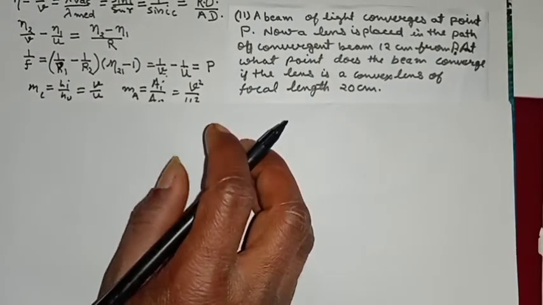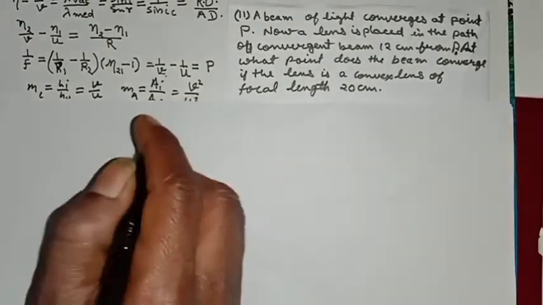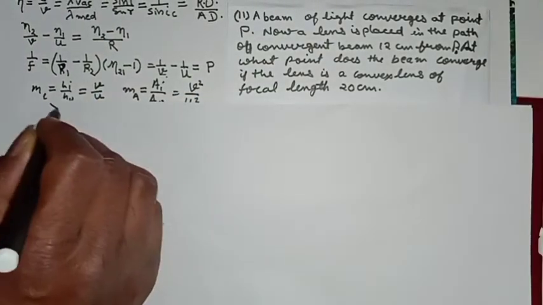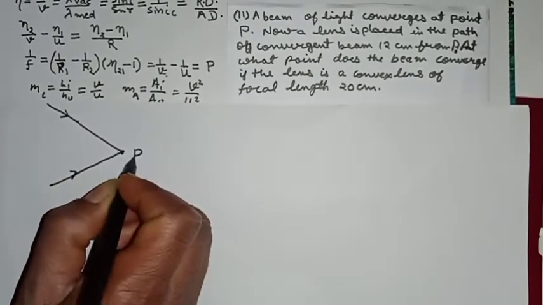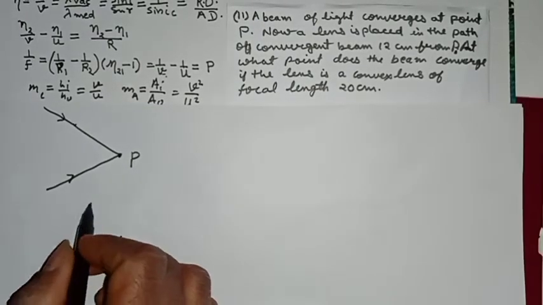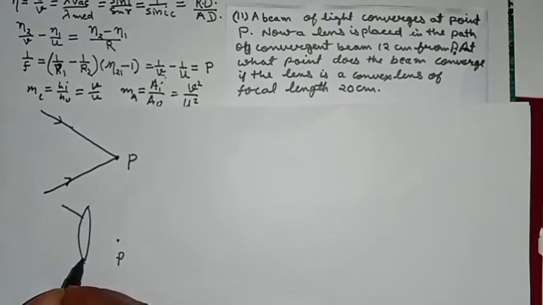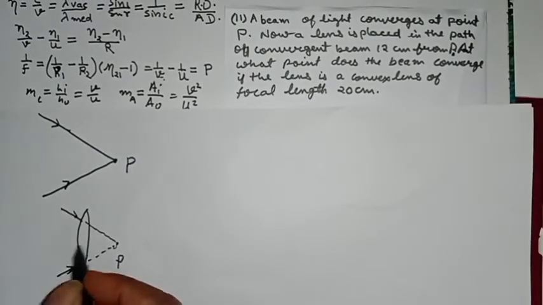A beam of light converges at a point P. Now a lens is placed in the path of the convergent beam. Here it is at point P, and in the path of this convergent beam there is a convex lens.